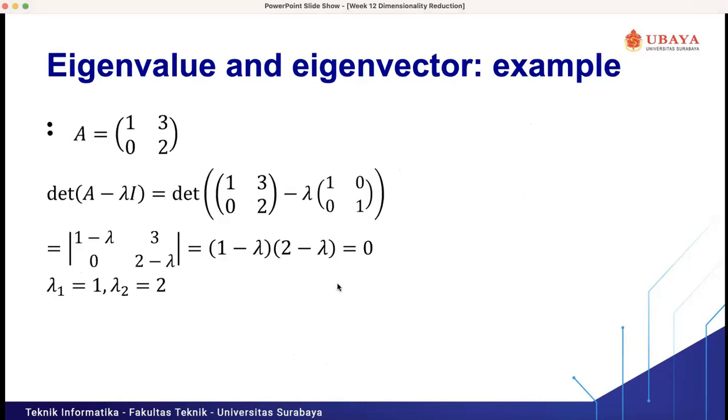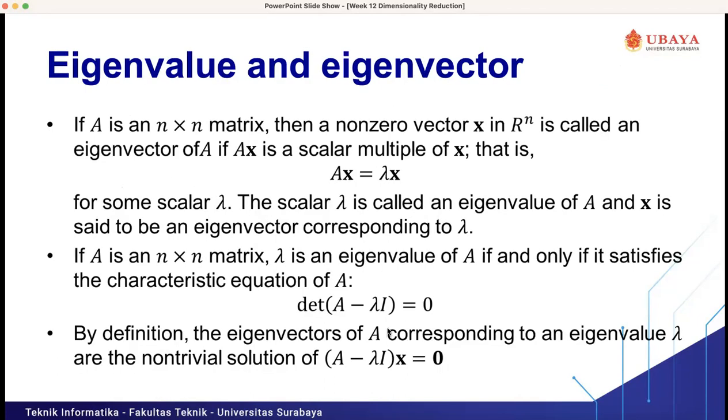Okay, this is an example of how to calculate the eigenvalues first. We have a matrix A equal to 1, 3, 0, 2. In our previous slide, we need to calculate the lambda, the eigenvalue, first.